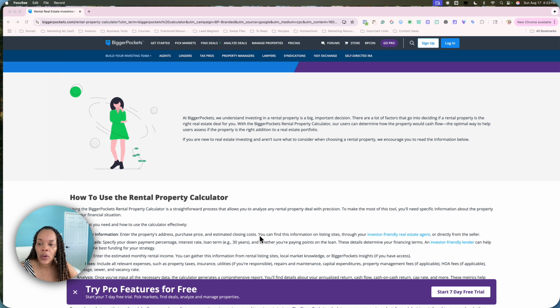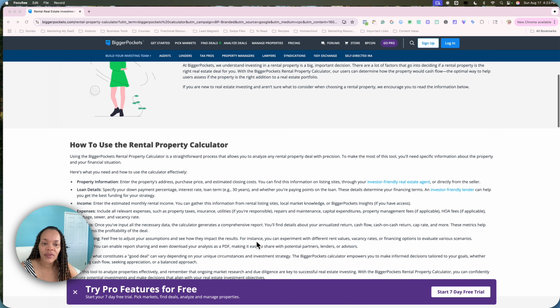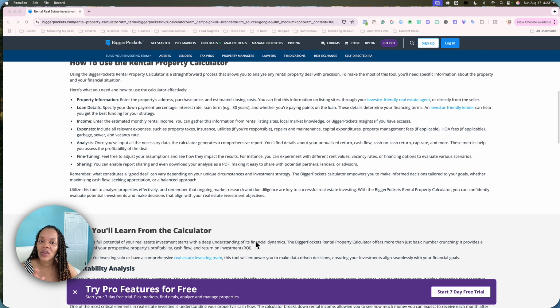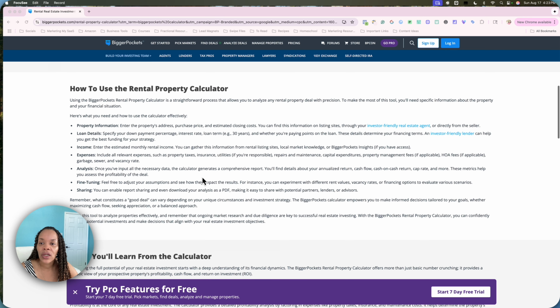So it gives information right up front about how to use the rental property calculator, which is very interesting, because usually you click the button and it's a guided thing that people can pick up intuitively. But this is information on what you're going to need to use this specific calculator.